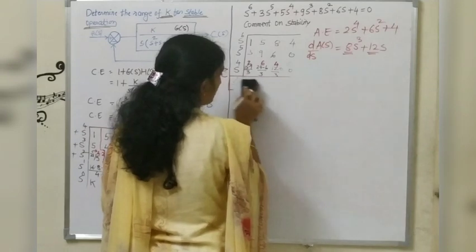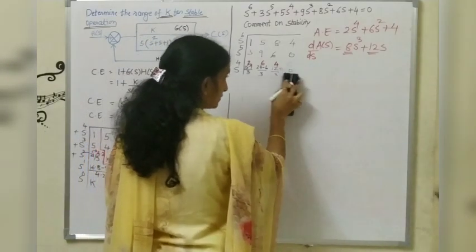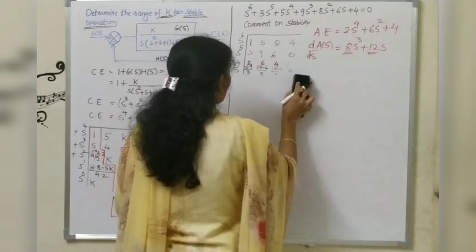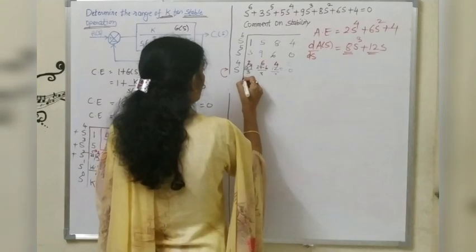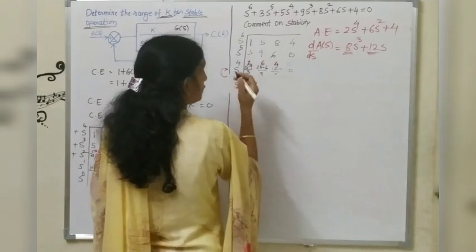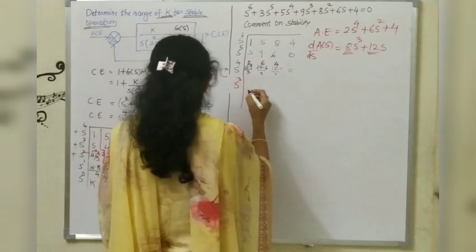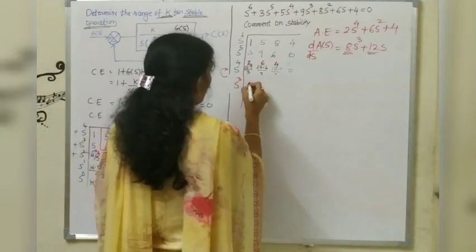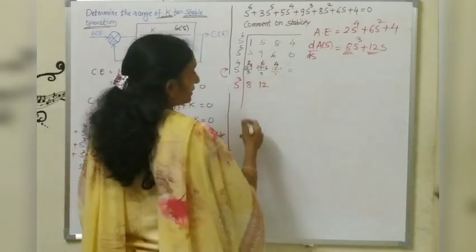So see, actually you can rewrite the row or rewrite the Routh array also, okay. So what I am doing here, I am directly showing here s cube. What I will do, I am replacing that 0th term with this. So this will be now 8, 12, okay. So again I need to complete this.